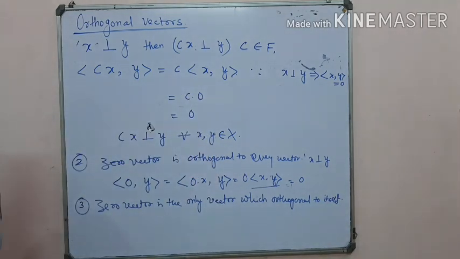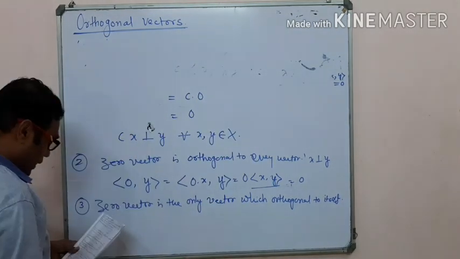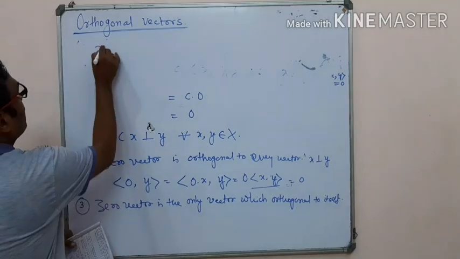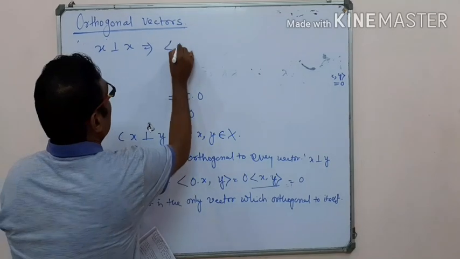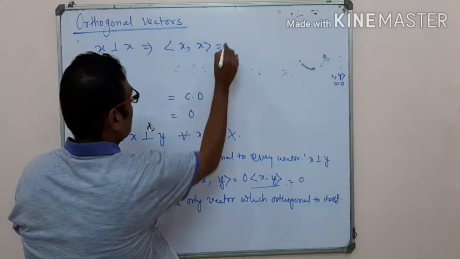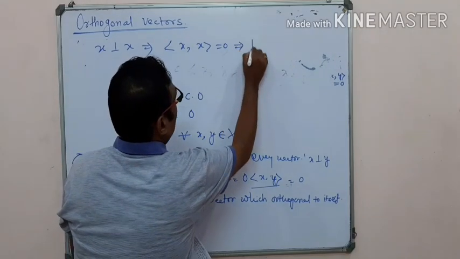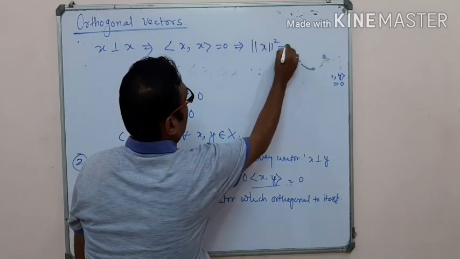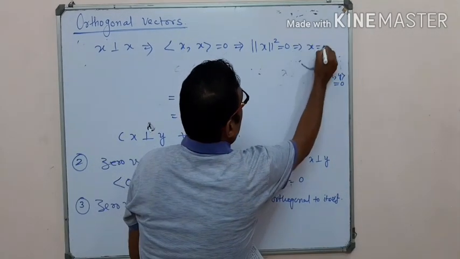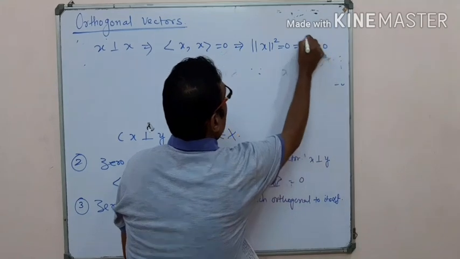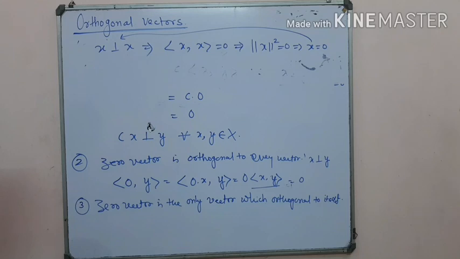So how can we prove that it is orthogonal to itself? You can take x perpendicular to x. It implies that the inner product of x comma x is equal to 0, and by the definition of the norm, the norm of x squared is equal to 0. It implies that x is equal to 0. So you can relate this: 0 is perpendicular to itself.